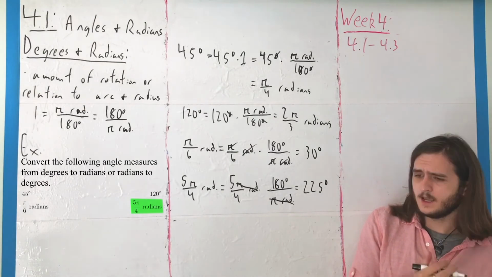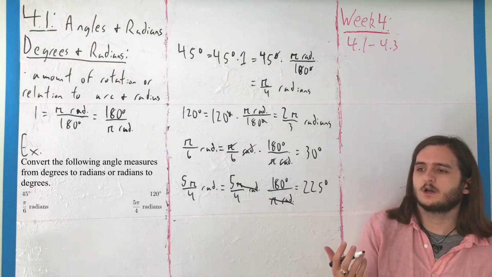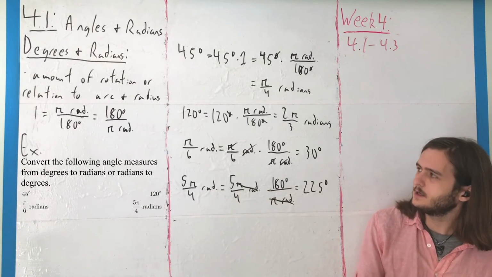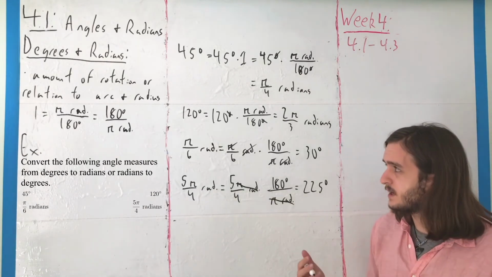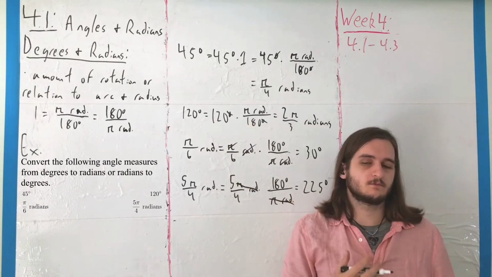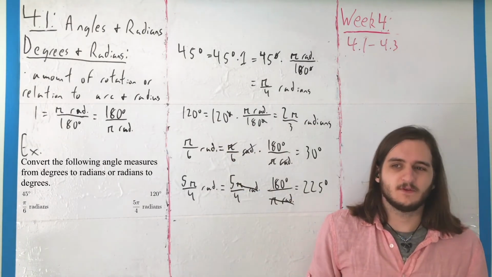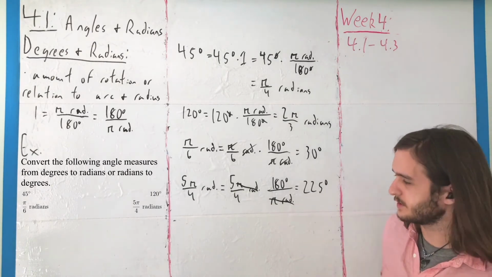And I'll say here that generally when we talk about angles in terms of radians, we use pi's, and when we talk about angles in terms of degrees, we use round, simple numbers, but technically speaking, if I feel like being weird or tricky, I could go the other way.